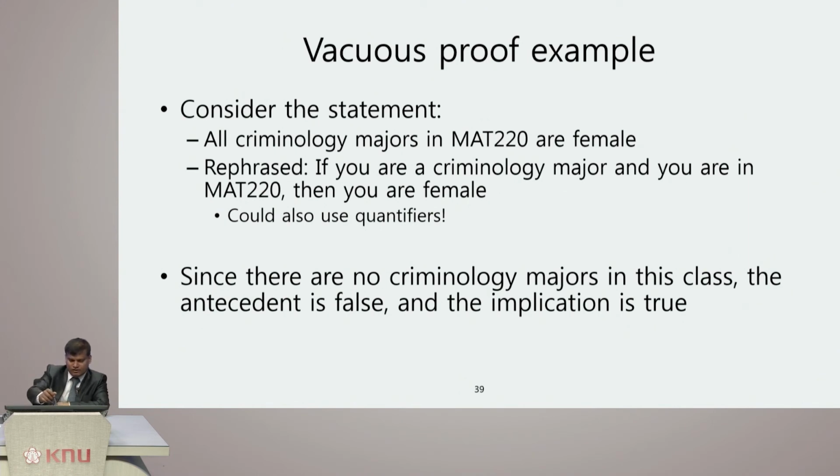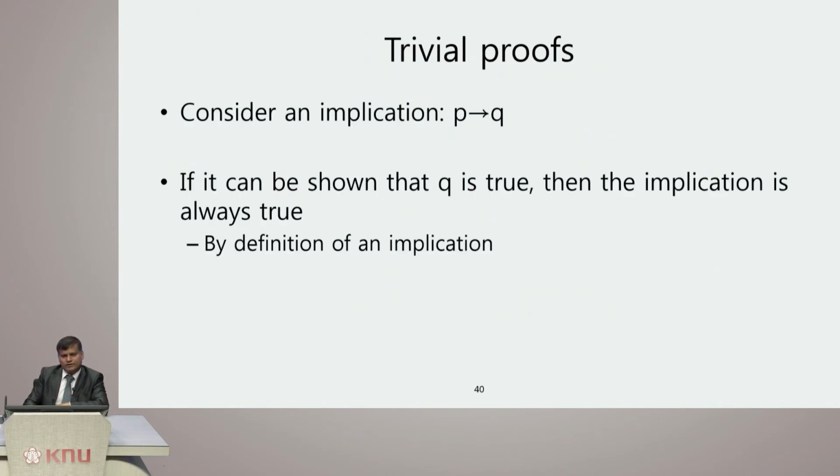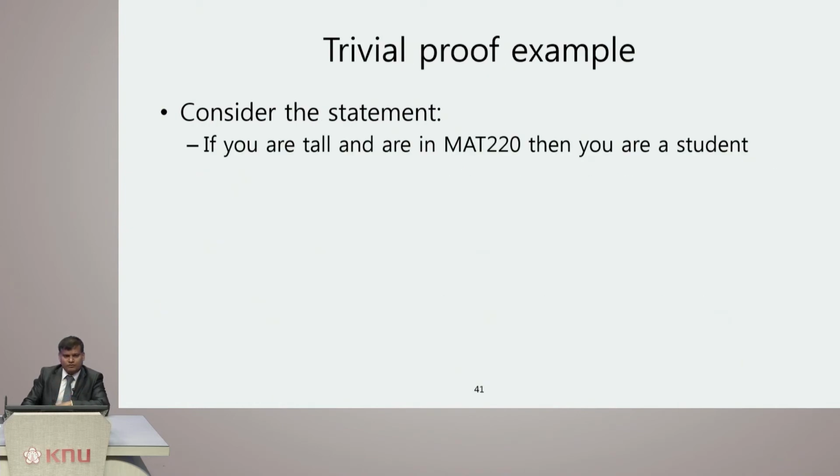Once this is false, the implication becomes true, because the criminology major is the antecedent in this example. So the trivial proof is just the other way round, where we are asked to show that the conclusion is true. In the previous one we are asked to show the antecedent is false. Here we are asked to show the conclusion is true.